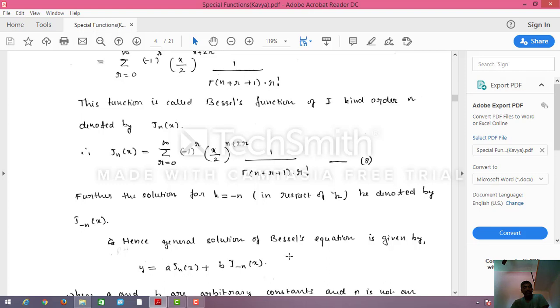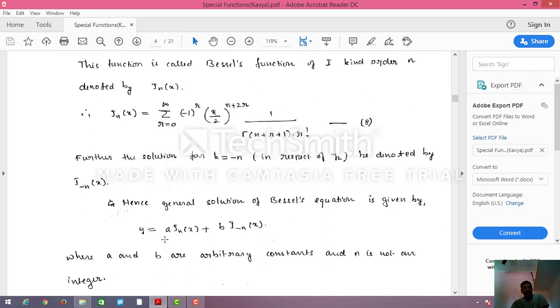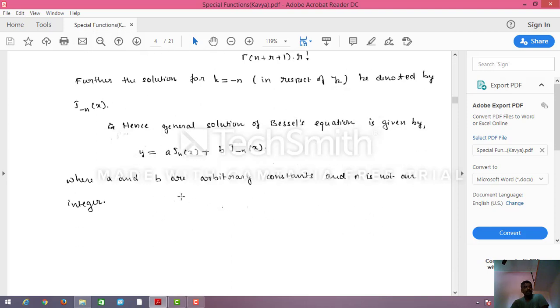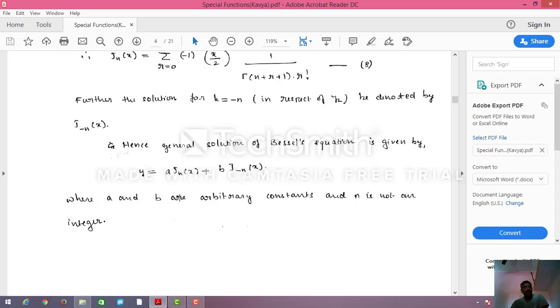Hence the general solution of the Bessel equation is given by y equals a into Jn of x plus b into J minus n of x, where a, b are arbitrary constants and n is not an integer. This is the general solution of the Bessel equation.